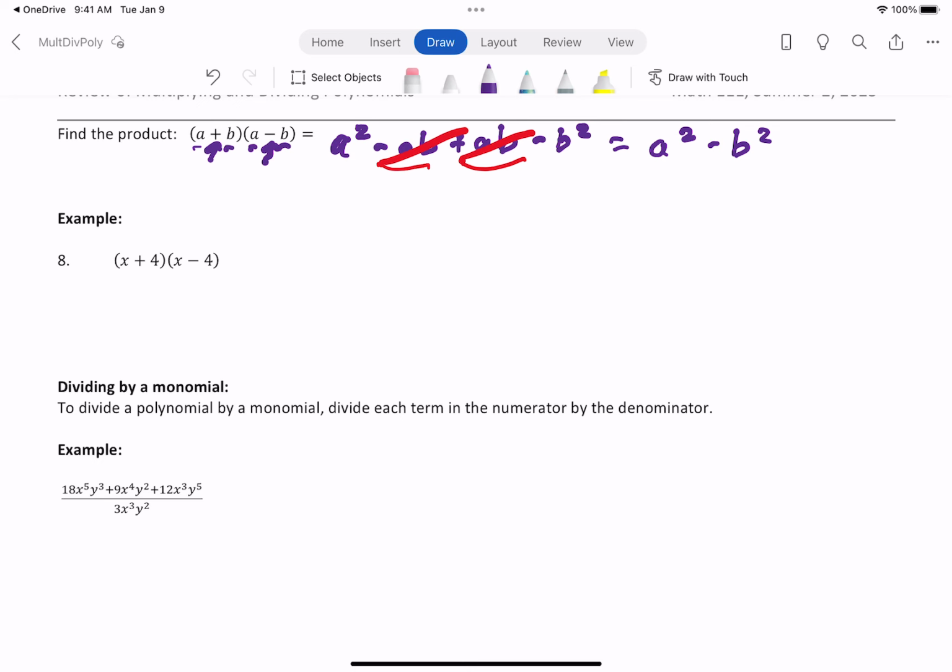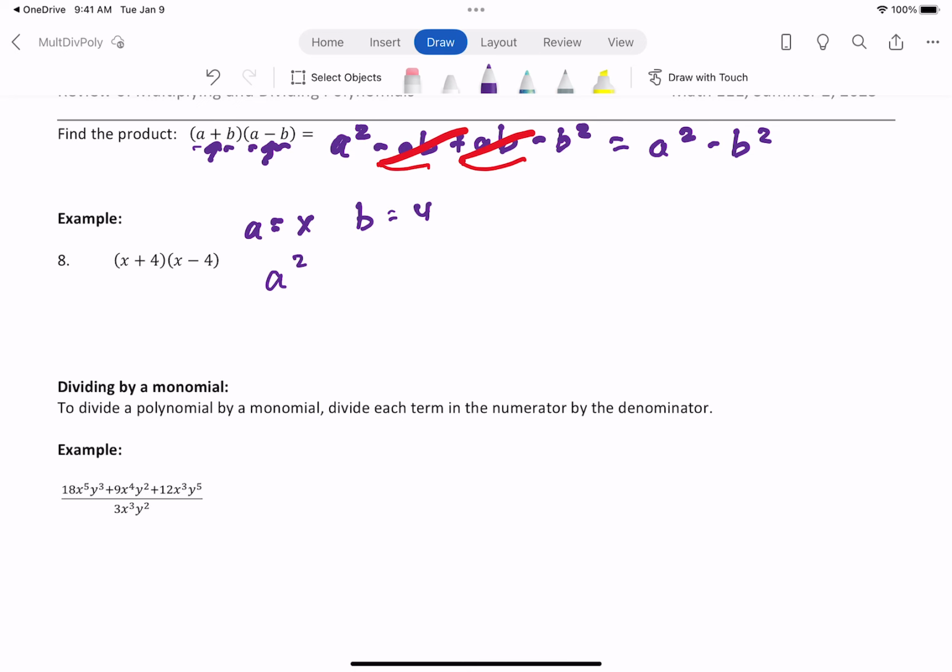If I give you x plus 4 times x minus 4, and you want to FOIL it or use the box method or use distribution, I will accept that. But just notice if you happen to see that they are the same variables and the same number but opposite sign. In this case, my a would be x and my b is 4.